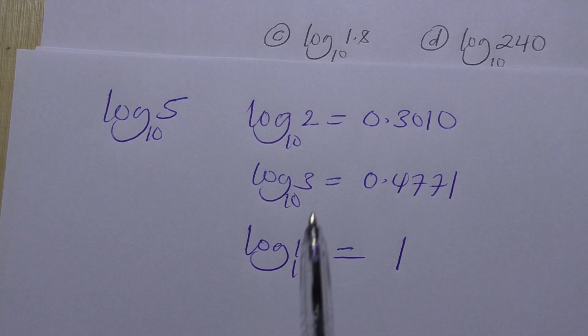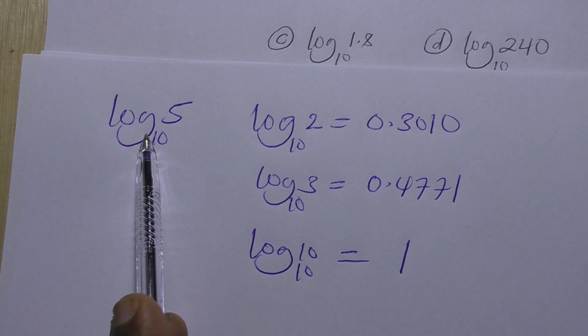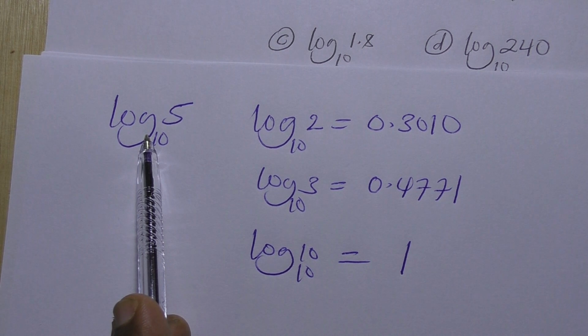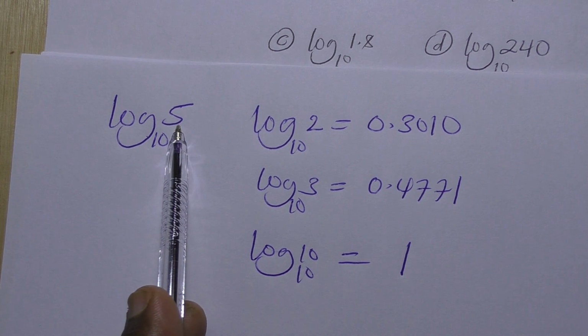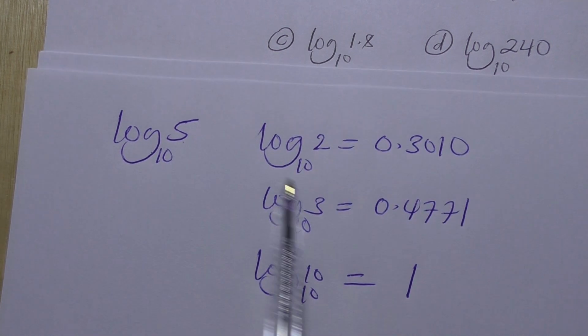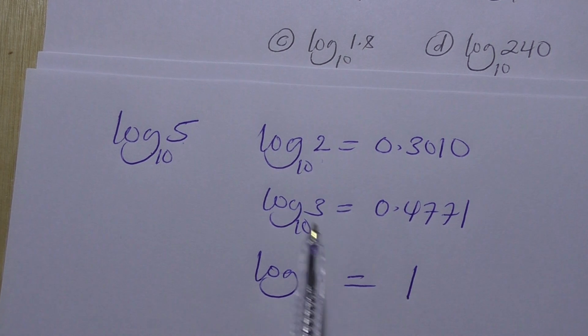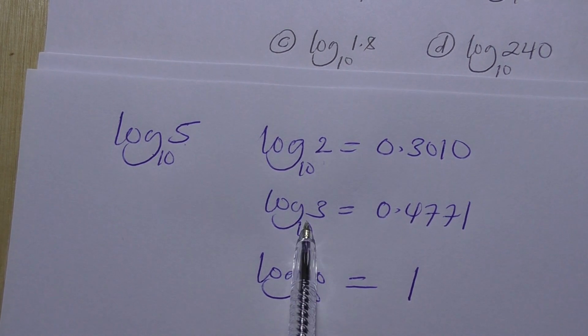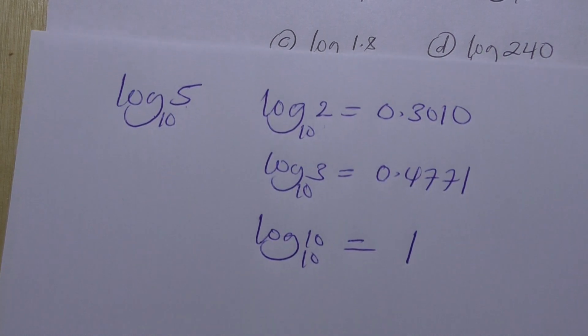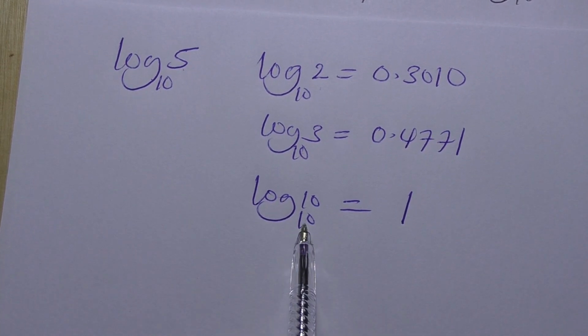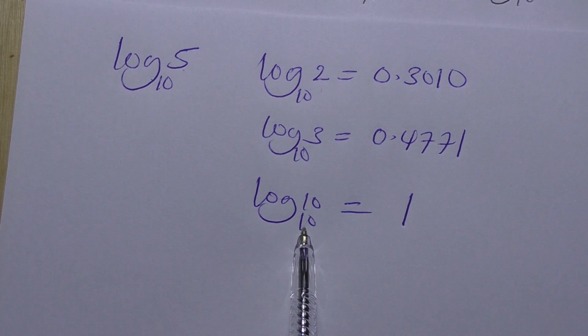So, for us to get log 5, we must first of all know how we are going to get the 5 from the given information. We are given log 2, log 3, but they are raised to base 10. So if it is base 10, then it implies that I also have log 10.